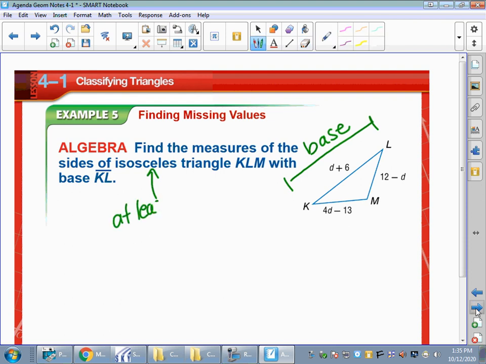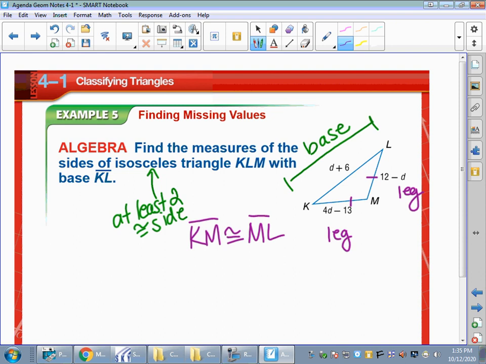Well, here's the thing. Since they're telling us that the base is KL, that means that KM has to be a leg and ML has to be a leg. And in an isosceles triangle, what do you know about legs? Legs have to be congruent. So KM has to be congruent to ML.